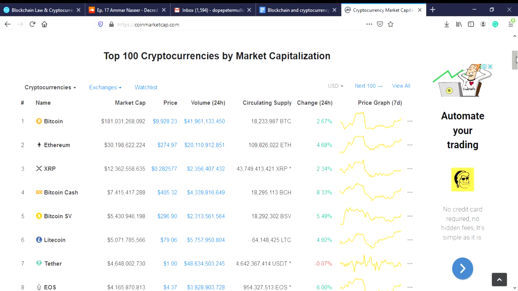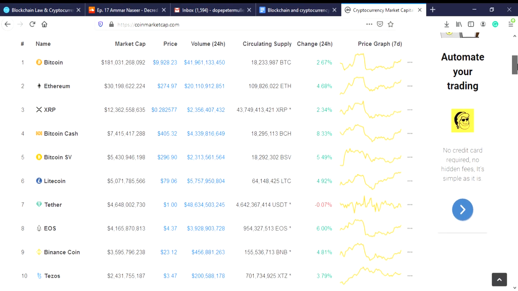Maybe not all, but about 70-80% of all cryptocurrencies you're going to find on CoinMarketCap right here. You're going to see the market cap of each cryptocurrency, the price, the volume in the last 24 hours, the circulating supply, the change in the last 24 hours, the price graph, and lots more.